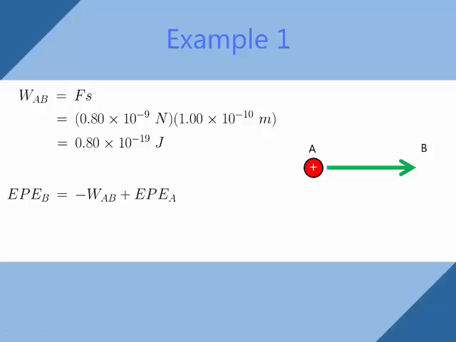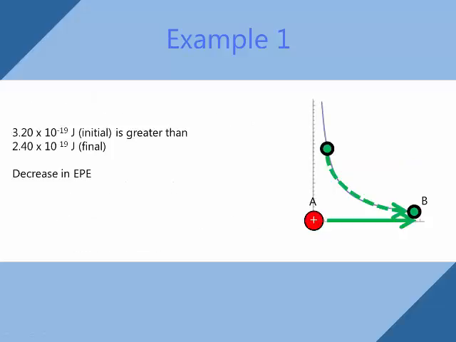Taking the negative of this and adding it to our initial electric potential energy, we have an electric potential energy at point B of 2.4 times 10 to the minus 19th joules. Because we started with 3.2 times 10 to the minus 19th joules and ended with 2.4 times 10 to the minus 19th joules, we have decreased the electric potential energy, which is what we expected to happen.